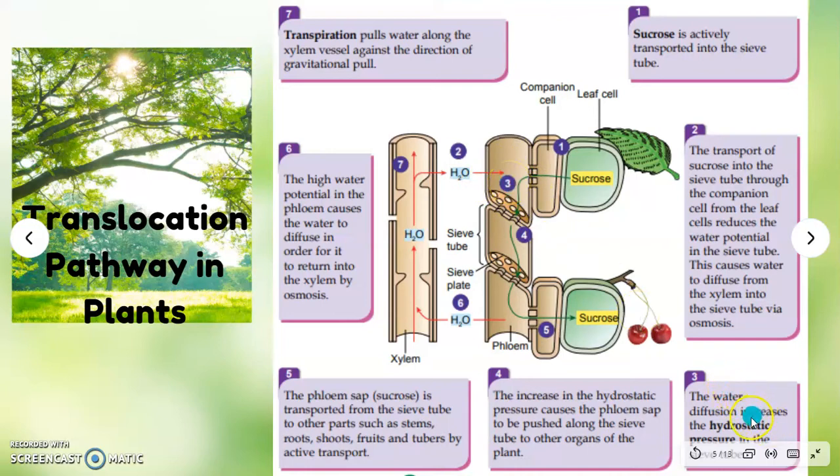Number 3, the water diffusion increases the hydrostatic pressure in the sieve tube. Number 4, the increase in the hydrostatic pressure causes the phloem sap to be pushed along the sieve tube to other organs of the plant. As we can see here, the hydrostatic pressure will push all the phloem content along the sieve tube.